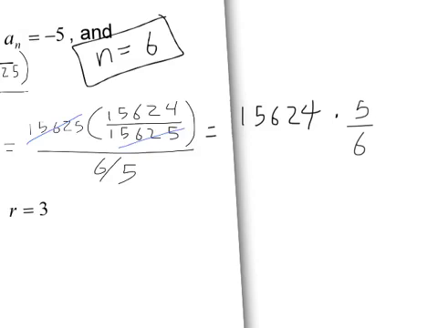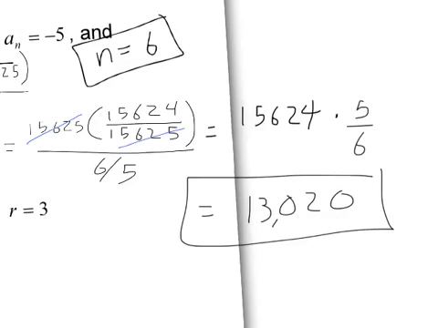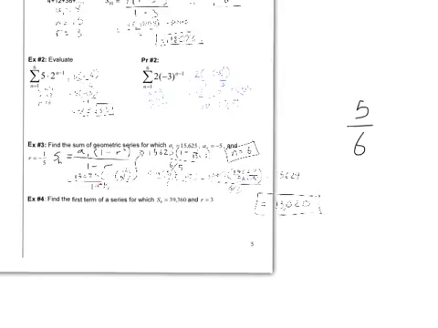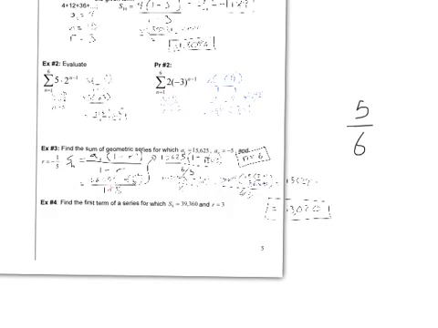And when you do that operation, it ends up being 13,020. Now that was a lot of work. A lot of work to get to that answer. So, you may want to try that one again by yourself. Just do it all from the beginning and see if you can follow it. But there's a lot going on there.